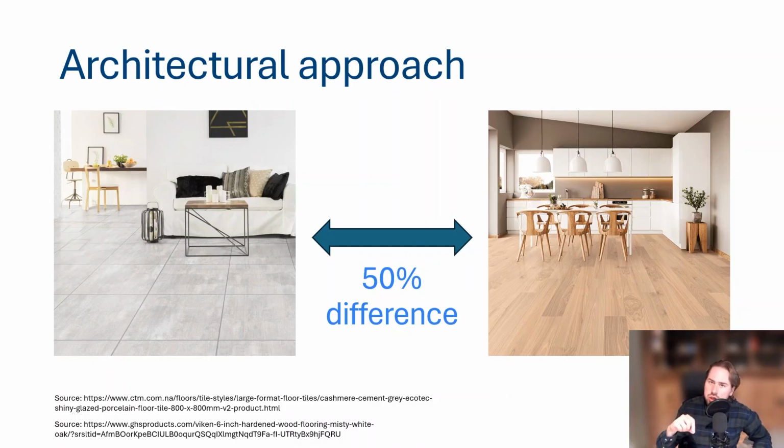So this is an architectural choice that has quite a lot of influence not only on your comfort and your aesthetics, but also on the imbalance of your system. Now that was everything I wanted to say about the architectural choices.